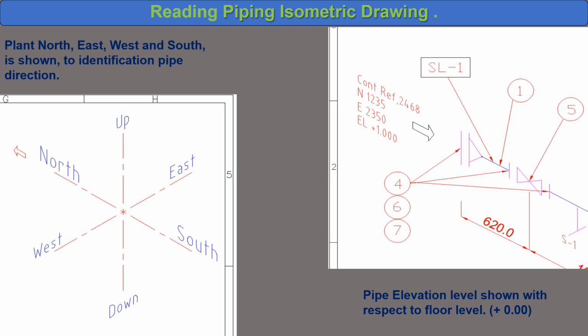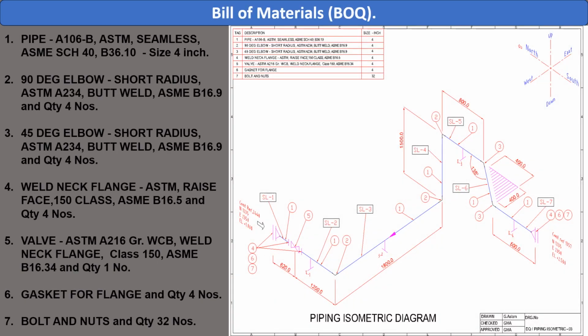To identify pipe direction, pipe elevation level is shown with respect to floor level plus 0.0. Bill of materials.